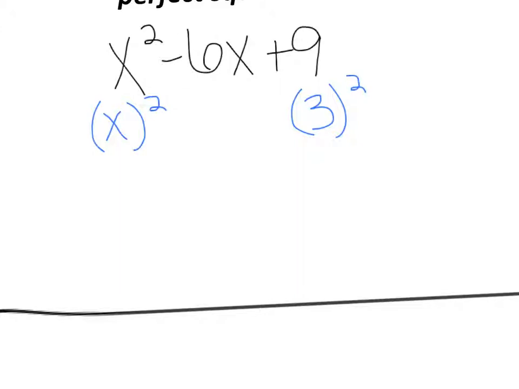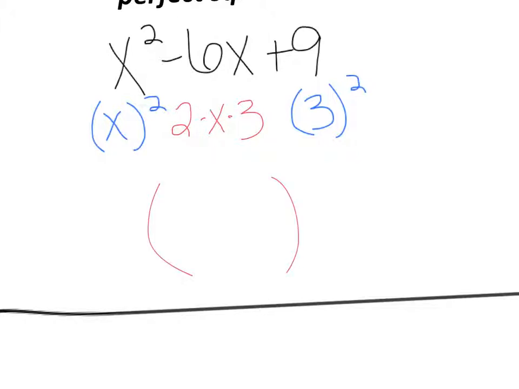I just have to look, does 2 times a times b give me my middle term, disregarding the sign? Yes. 2 times x times 3 does give me 6x. Once you verify that, this is a perfect square trinomial, so factoring it gets really easy.